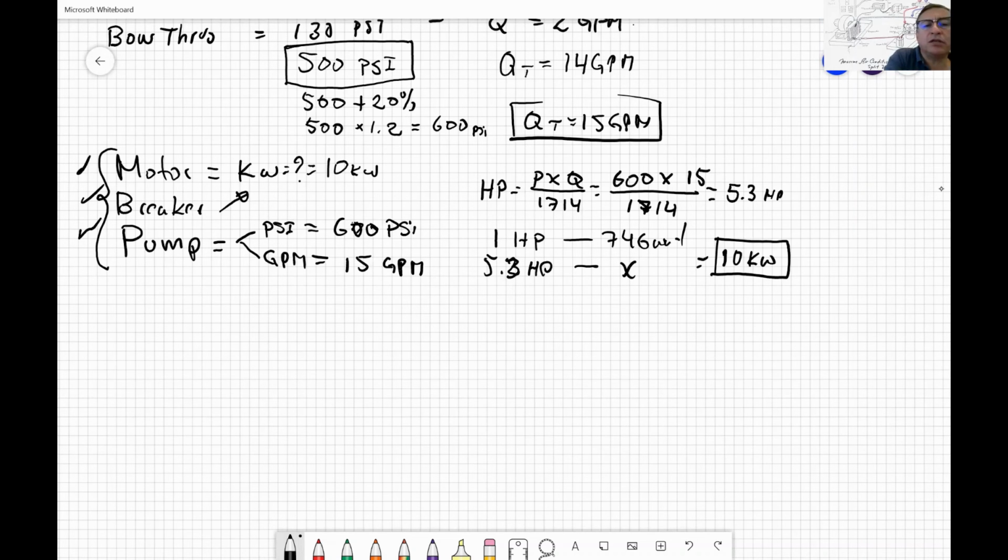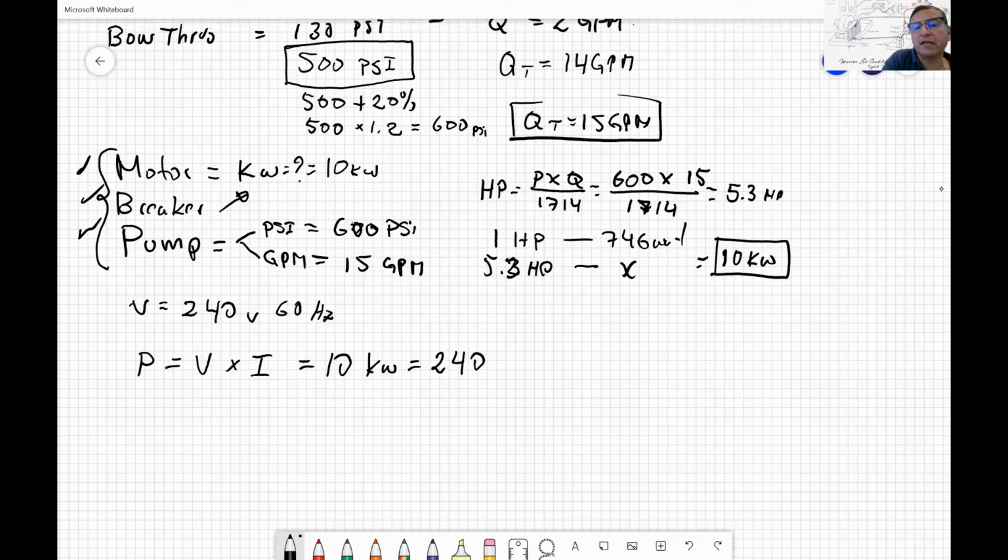Okay, suppose that my boat's voltage is 240, 60 hertz. What about the power? Power is equal to voltage times intensity. The power that I need is 10 kilowatts. 10 kilowatts should be equal to the voltage, 240, times the intensity.